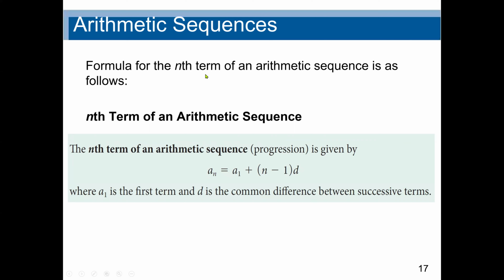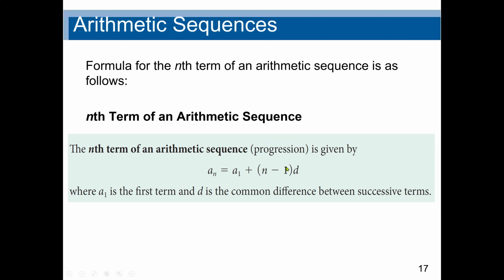So the formula for the nth term of an arithmetic sequence is as follows. If I'm looking for the nth term of an arithmetic sequence, AN will be A1 plus n minus 1 times D. So the first value plus n minus 1, because we have one value already, times D. The reason is that we are going to add D to each value.